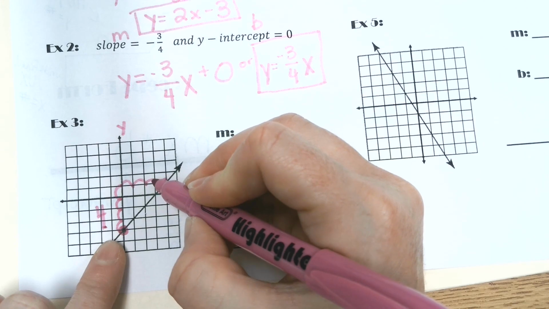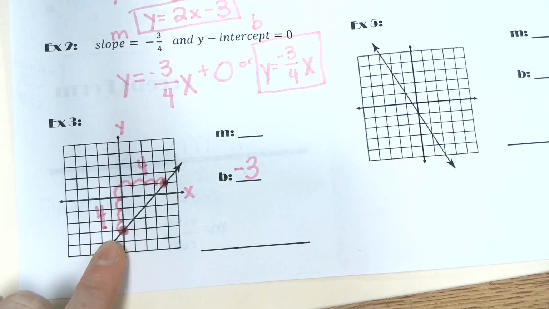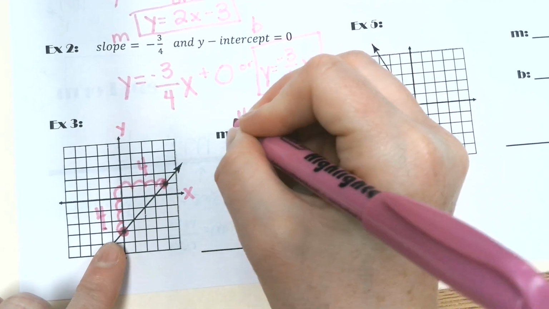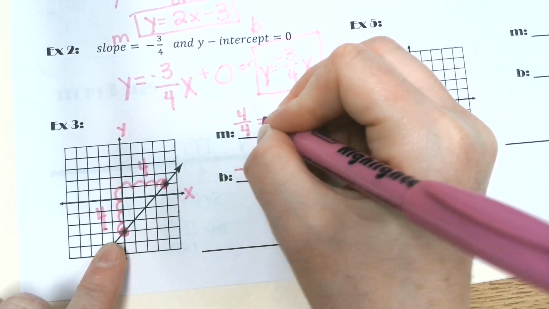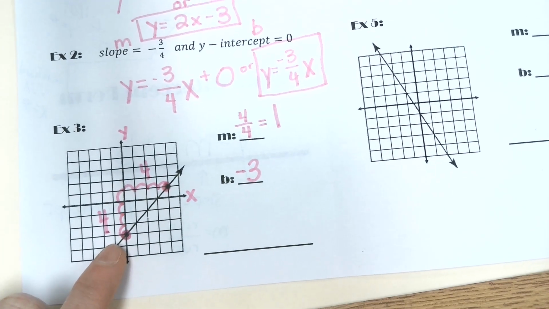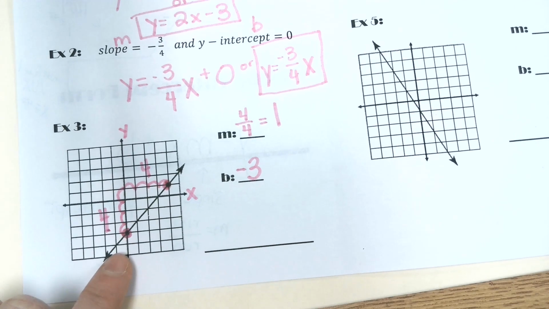Run. 4. This was actually our warm-up today. So rise 4, run 4. What does that equal? 1. 4 divided by 4 is 1.